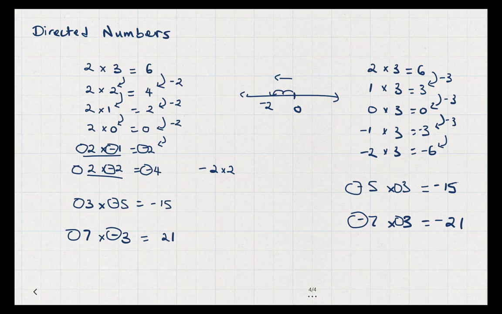Alright. So that's the situation when I multiply a negative number by a positive number. The outcome is going to be negative. The numbers multiply normally, and I just have to be aware of what's happening with the signs.